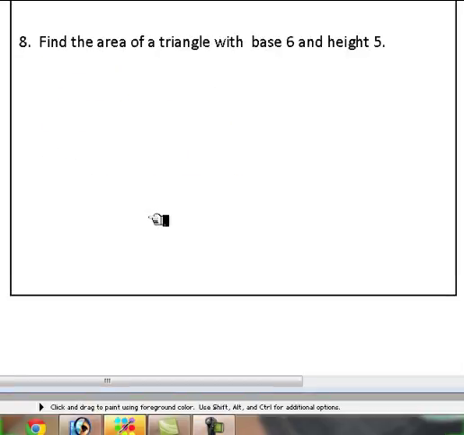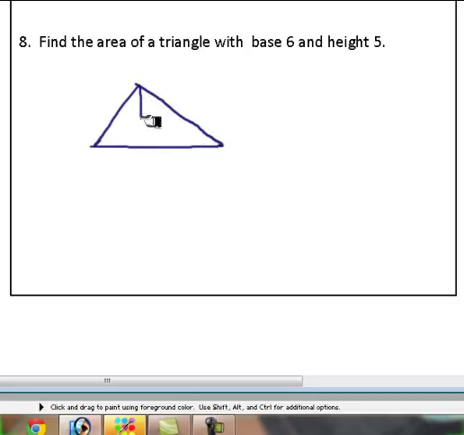Number 8 says find the area of a triangle with base 6 and height 5. So we have a triangle. You don't really have to draw a picture for this one, but I'll just draw one like this. And this is the base 6 and the height 5.